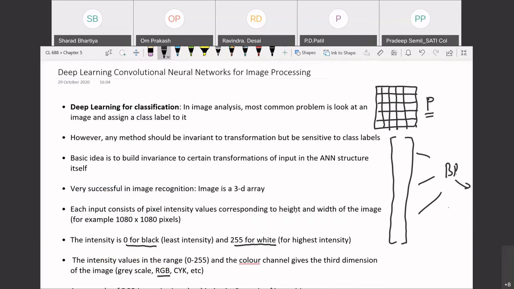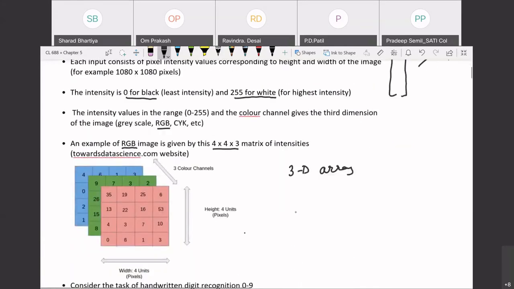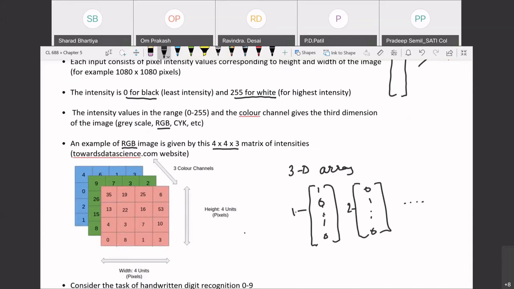There are different ways of coding. If it is 0 to 9, I can code it like this: 1 0 0 is digit 1, then 0 1 0. These are my targets. This is class 1, this is class 2, and like that I can have 10 classes.